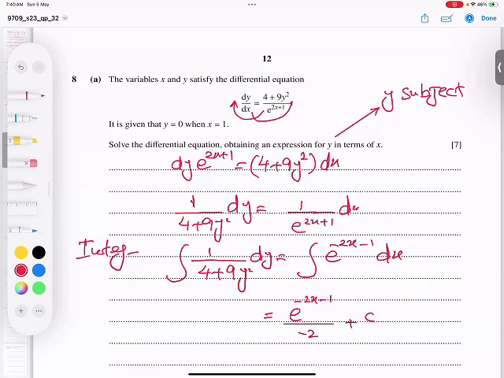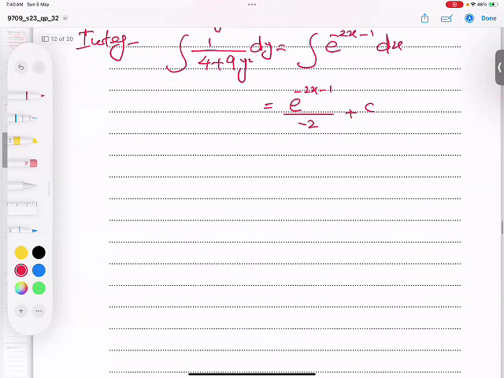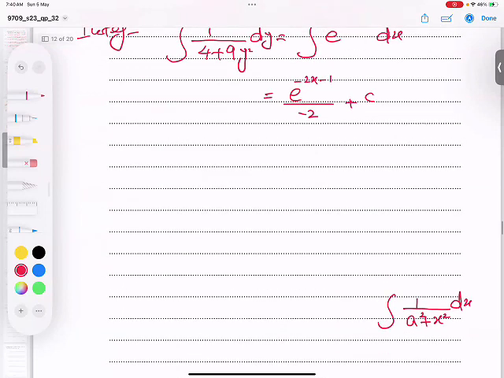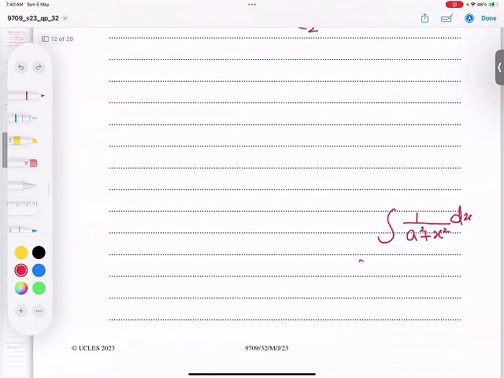And when you talk about this one, can we apply the tan inverse formula, if you recall? The integration of 1 over a squared plus x squared dx is applicable only when there are two squares, number two, sorry, I mean to say two squares, then a positive sign.